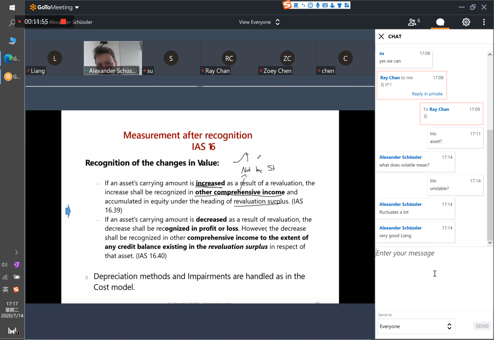If an asset's carrying amount is decreased, let's do it here. If this is cost and it goes down, then the decrease shall be recognized in profit and loss. Yeah, so then it goes into the income statement.